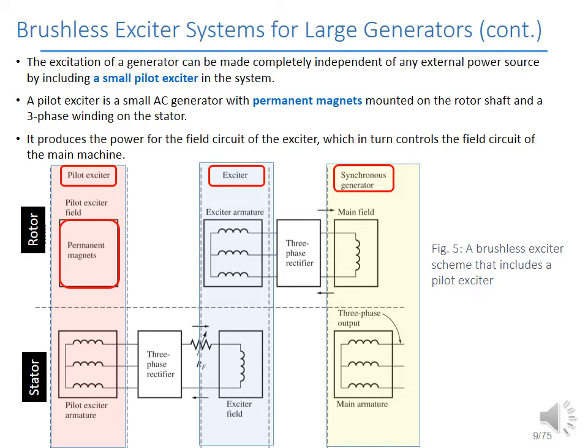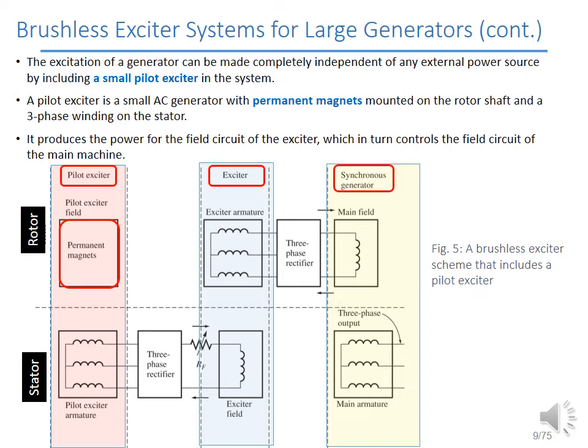If you look at the system on the previous slide, you will see that the exciter actually needs a three-phase voltage as the input. We can make the system completely independent of any input or any external power supply. And if you see the illustration on the slide, you will see how this can be achieved.